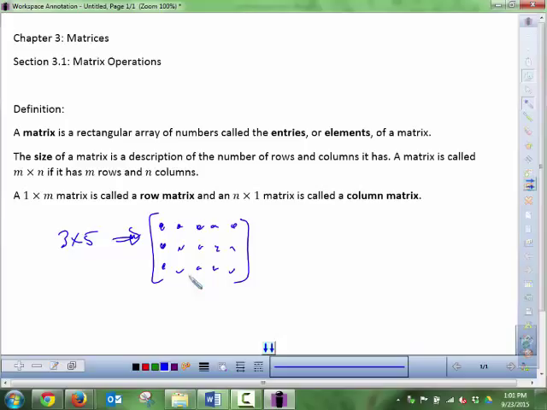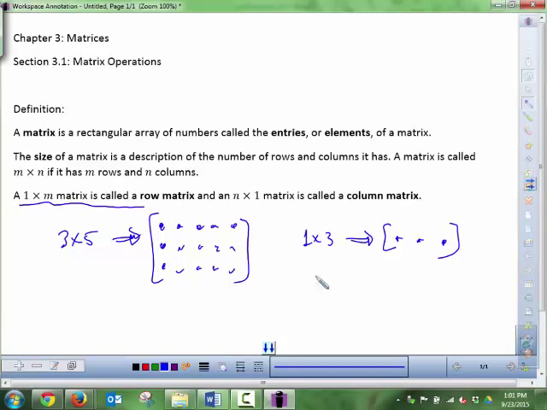We've been dealing with vectors, and sometimes we call them a row vector or a column vector. When we're talking about vectors, we can also refer to them as matrices; they're a special type of matrix. A 1 by m matrix has 1 row and m columns. So a 1 by 3 matrix is essentially a row vector.